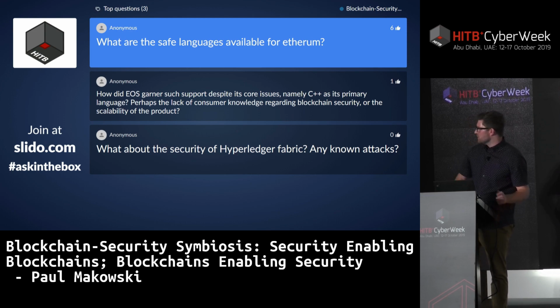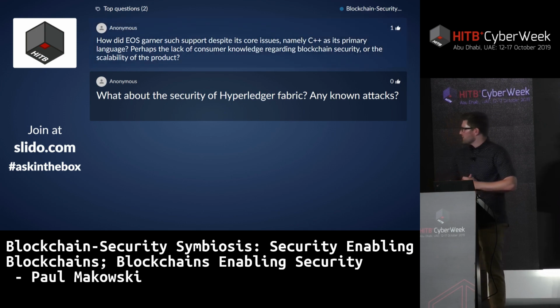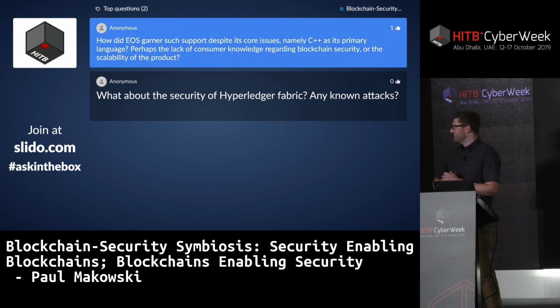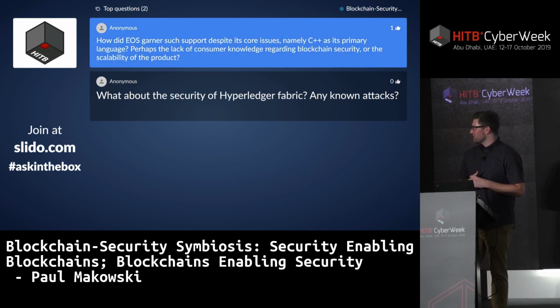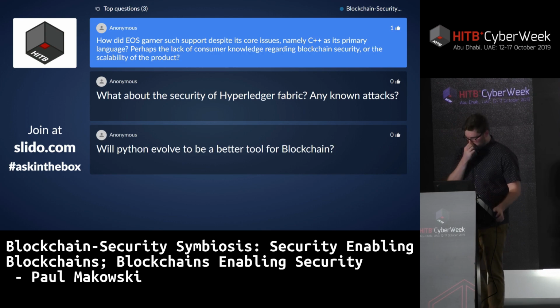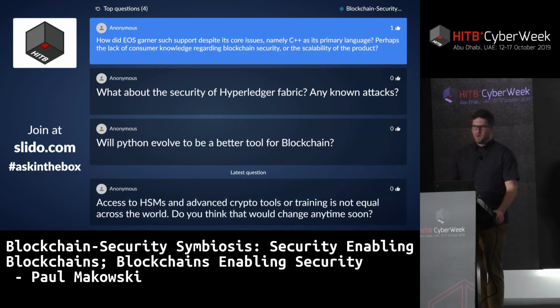Okay. And how did EOS garner such support despite its core issues? Namely, C++ is a primary language, perhaps lack of consumer knowledge regarding blockchain security or scalability of the product. So a lot could probably be said on why EOS is popular. I would say they did a lot of things right in terms of marketing their blockchain.